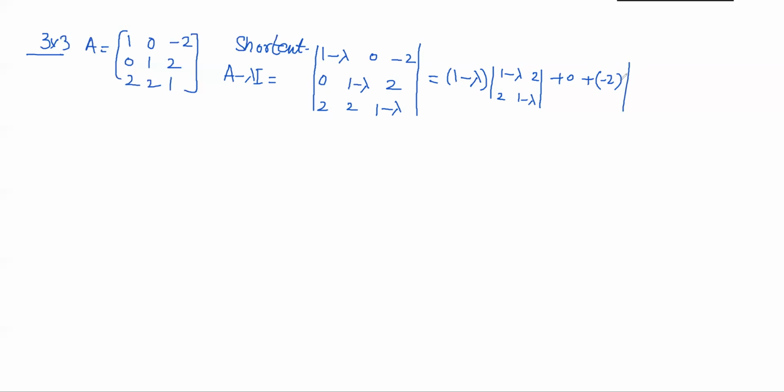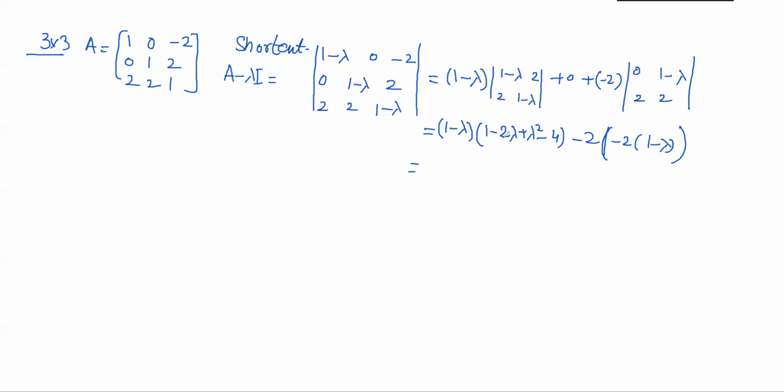Its minor matrix will be 0, 1 minus lambda, 2, 2. Okay, so now we get 1 minus lambda, and its determinant will be 1 minus lambda squared, so it will be 1 minus 2 lambda plus lambda squared, minus 4. And then minus 2, its determinant will be 0 times 2 is 0, minus 2 times 1 minus lambda. Okay.